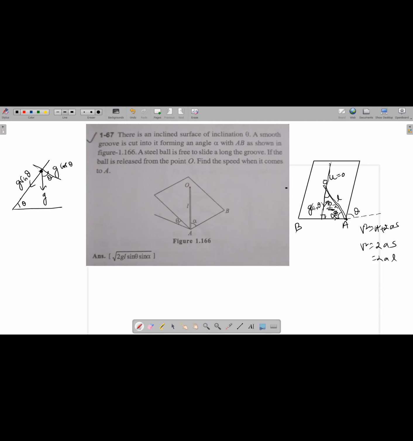This angle is 90 minus alpha, so the component along the groove is g sin theta times cos of 90 minus alpha, that is g sin theta sin alpha. So you found the acceleration along the groove. Put here V square equals 2g sin theta sin alpha times L. So V will be this.